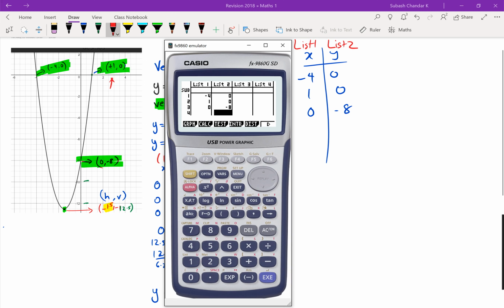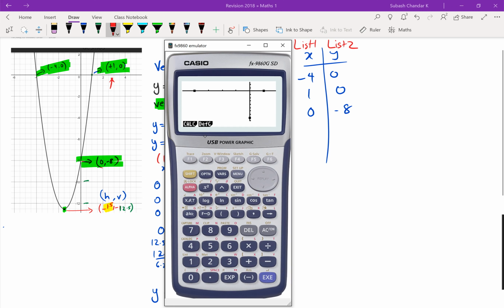Okay, once you do that, the next part you want to press is F1, which is above that little shift yellow button there. If you press F1, it'll come up with 3 more little options like this. Just press F1 again, and it's going to show 3 points in your calculator looking like this.